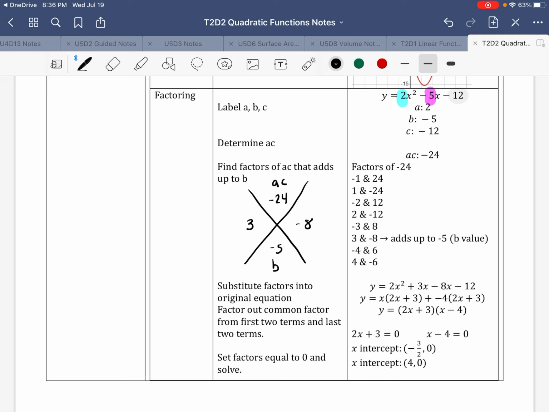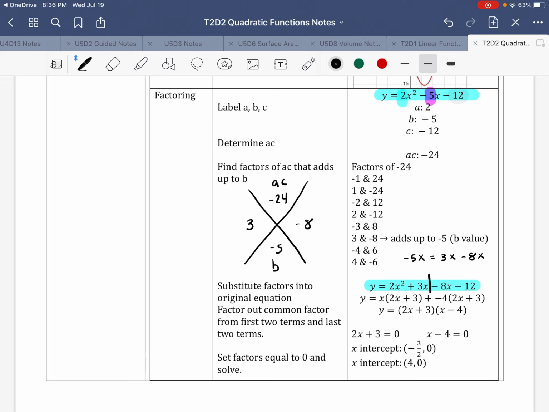And what I'm going to do here is replace negative 5x with 3x minus 8x. So again, this form right here is equivalent to our original form up here. It's just in a more useful form for us.